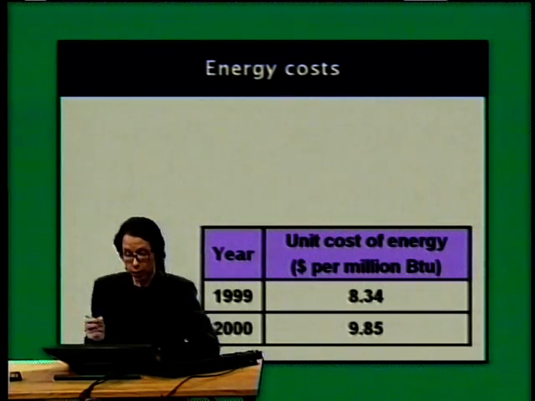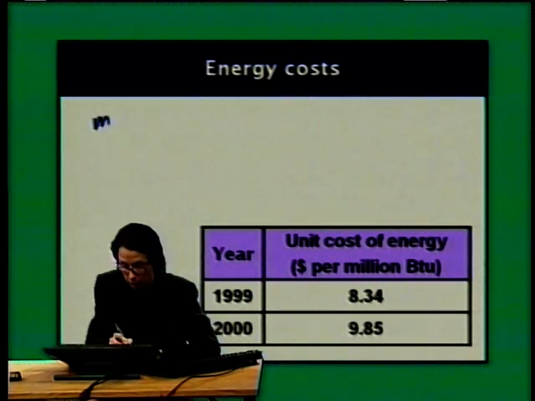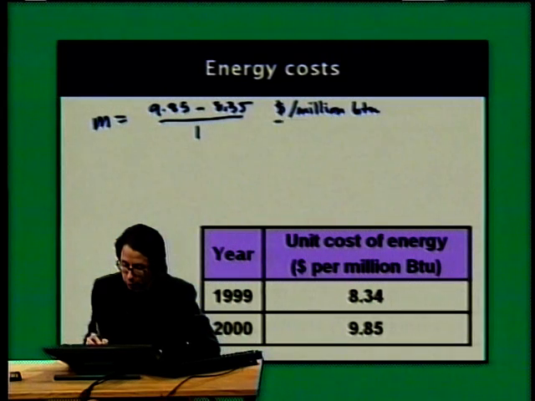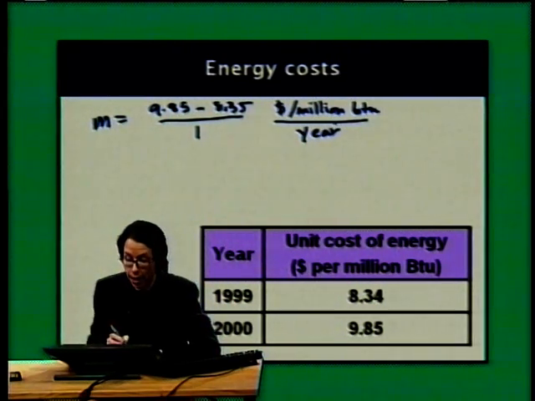So calculating the slope, I'm going to take the change in the unit energy cost over the change in the year. So we have dollars per million BTU per year. That's quite a rate, but that's what we have.